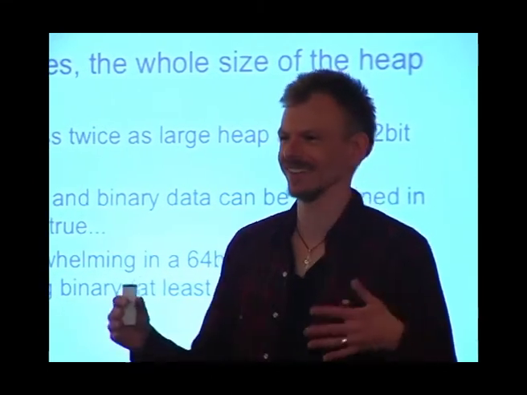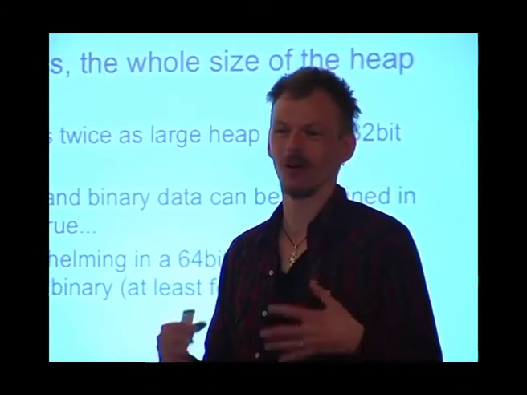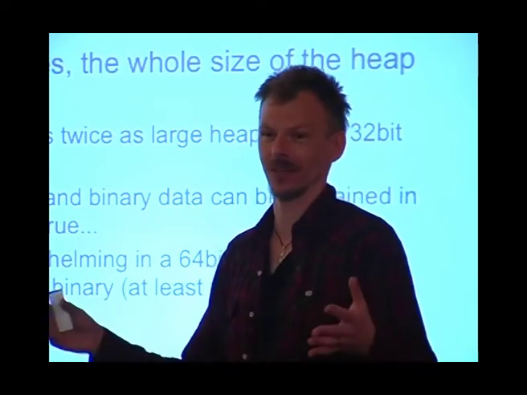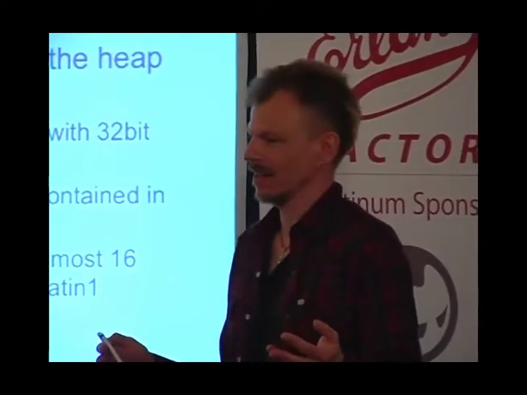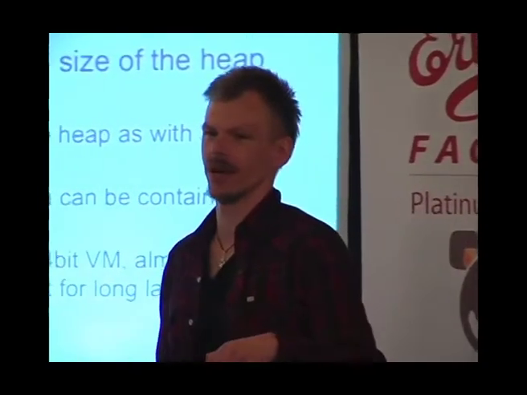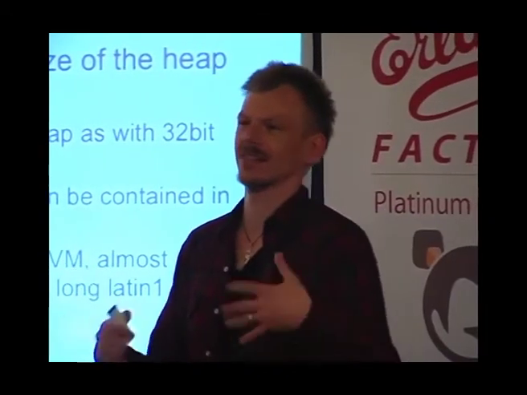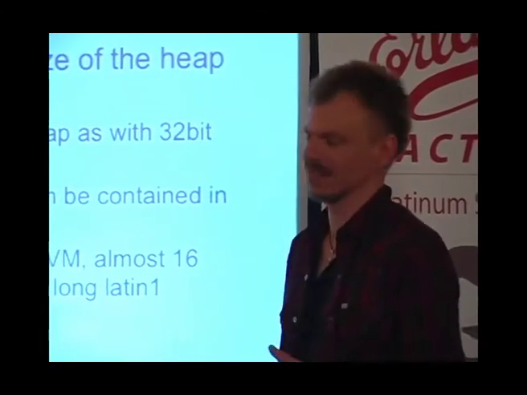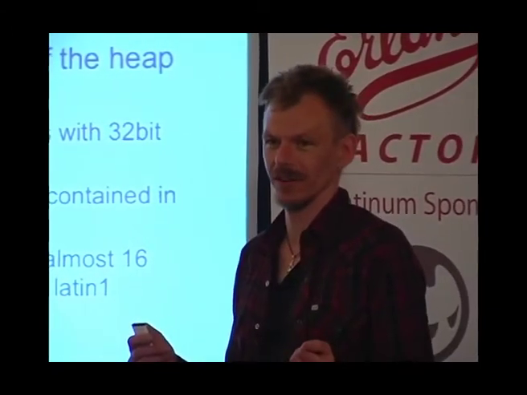And the horrid thing is like strings. They're already really memory consuming, and now they're twice the size. So a string encoded in a binary, say it is a Latin 1 string, it takes as many bytes as the number of characters, but in the 64-bit virtual machine it takes like, what is it, 16 times more.